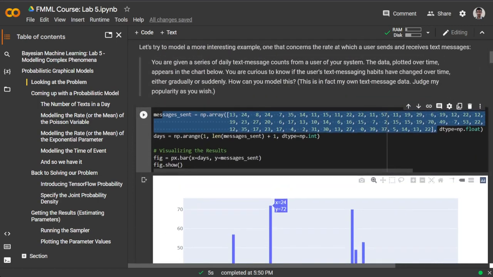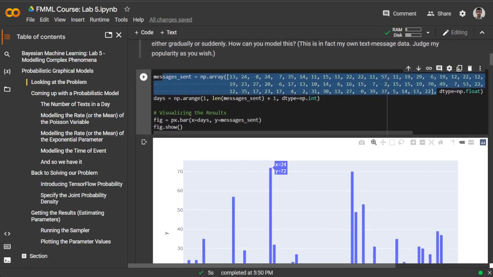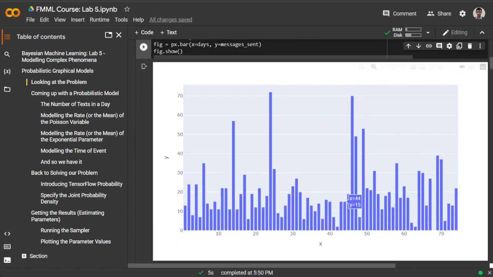However, we have some notion that the user might have started texting a little more or a little less during some sub window, or the number of texts may have increased at a certain point in time. We want to figure out what are the days which show this increased activity.